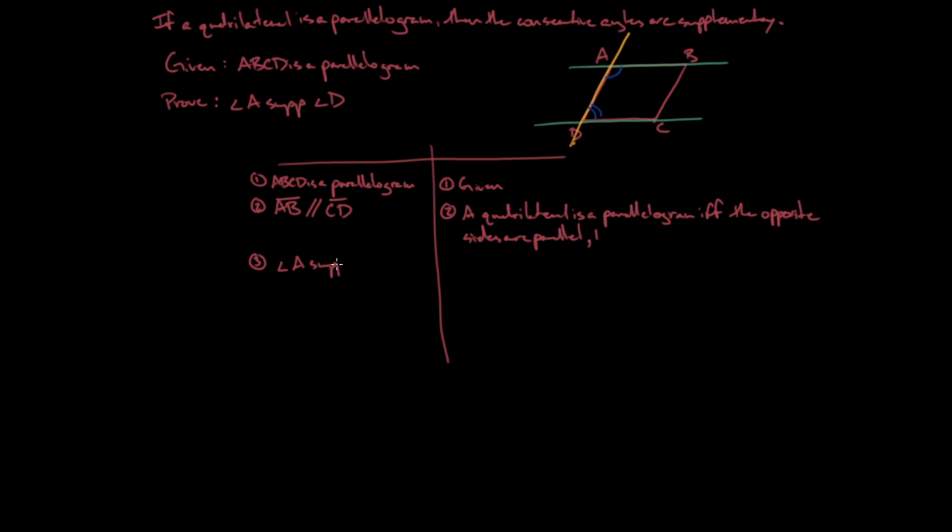So I can go straight to angle A is supplementary to angle D, and the reason for it will be that if two lines are parallel, then the consecutive interior angles are supplementary.